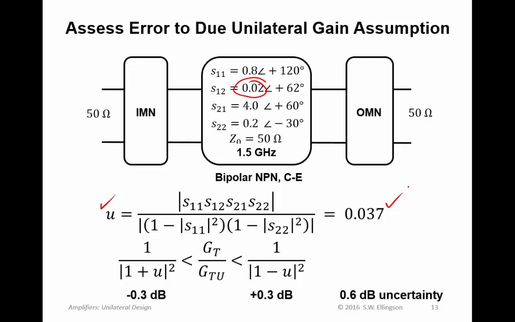I find that, once again, the nominal value would be 1, that is 0 dB, and the bounds turn out to be down by 0.3 dB and up by 0.3 dB. That's a total uncertainty of about 0.6 dB. In other words, about 0.3 dB on either side of whatever the actual transducer power gain is. So in most problems, 0.3 dB is a pretty minor error, so we would probably feel comfortable proceeding with the unilateral gain technique given this outcome.